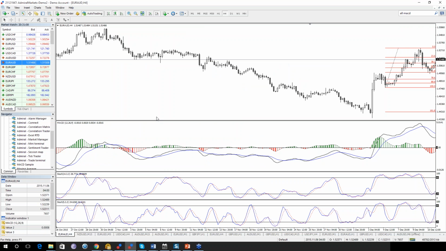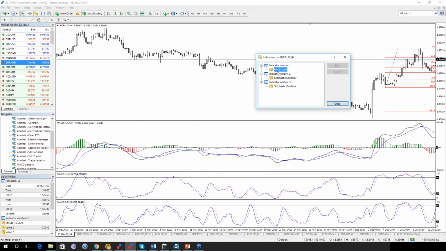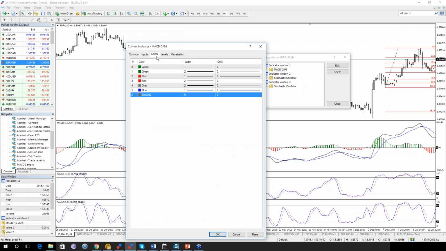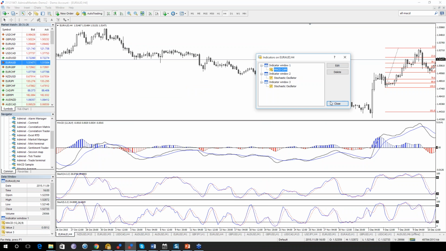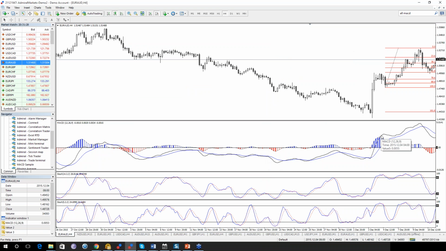Last question, how do I color MACD histograms? Indicator list, MACD here, colors: green, green, red, red. Go with blue, blue, let's say, and blue and red, like this. This is how we color it.